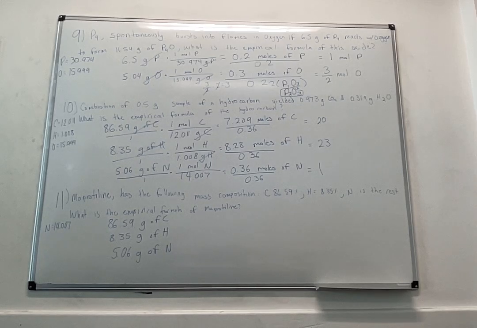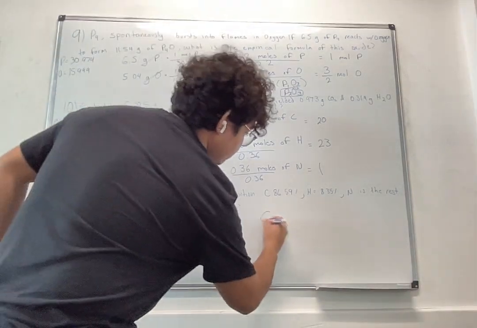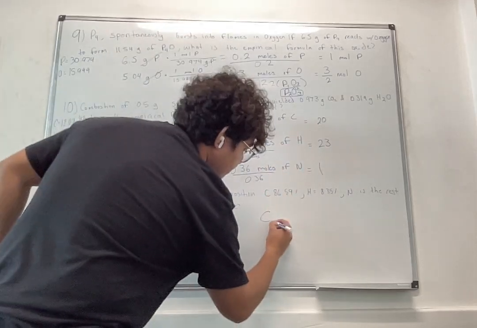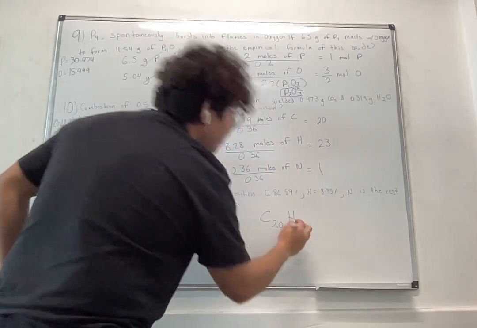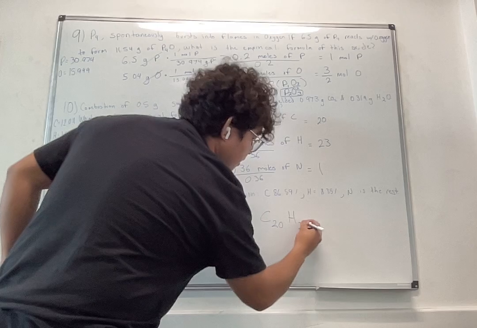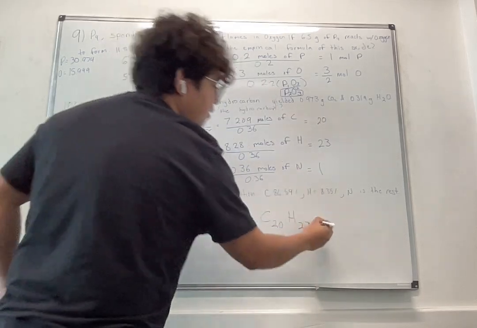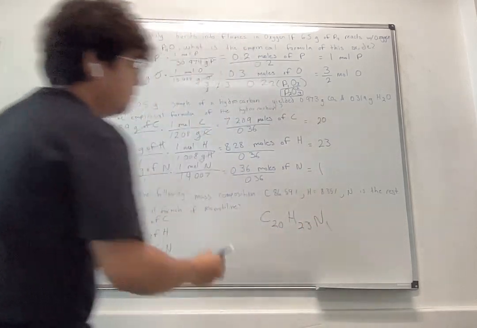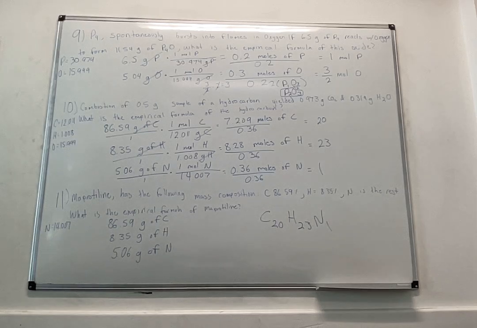Our formula for this mapropylene would be C20H23N1. Okay, so there we go.